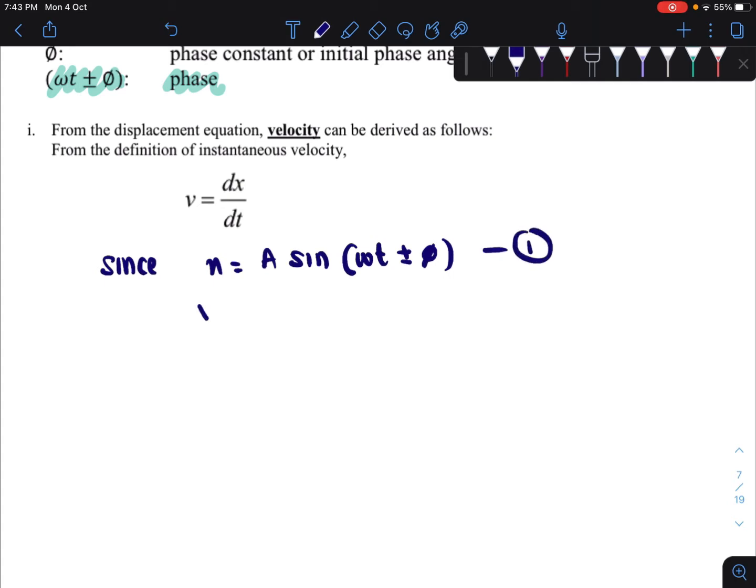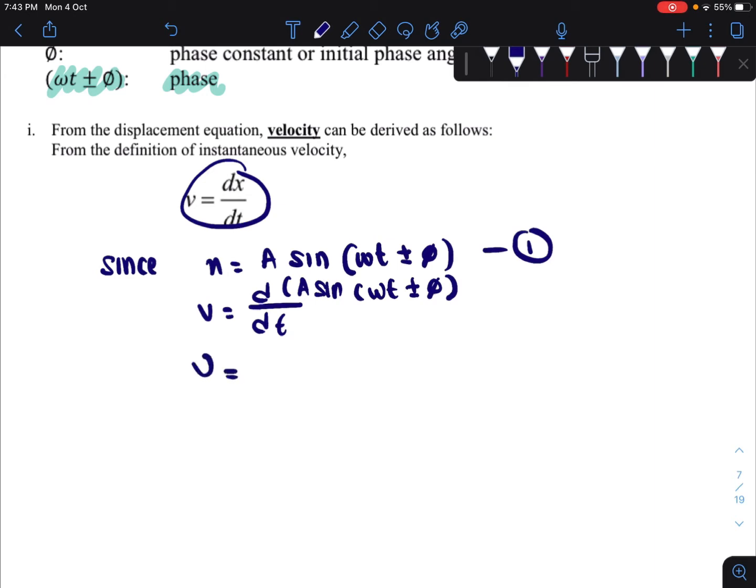To get v, we need to differentiate x, so we differentiate A sin(omega t plus or minus phi) with respect to t.